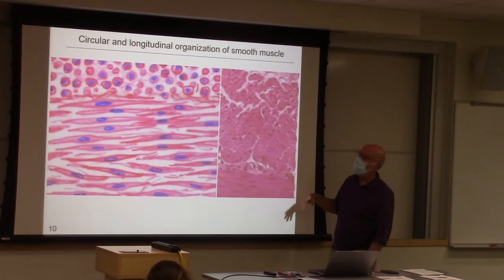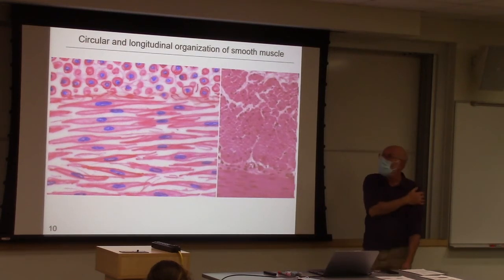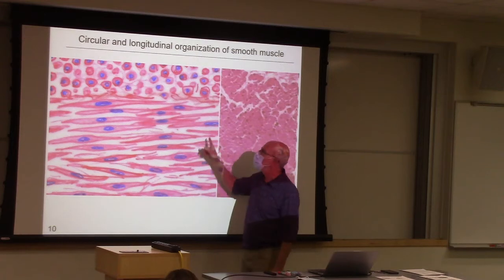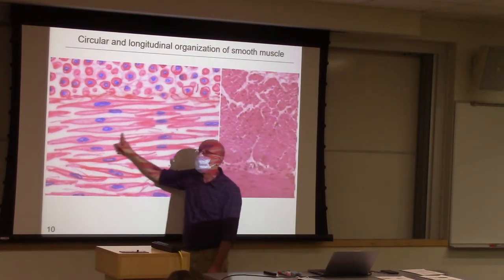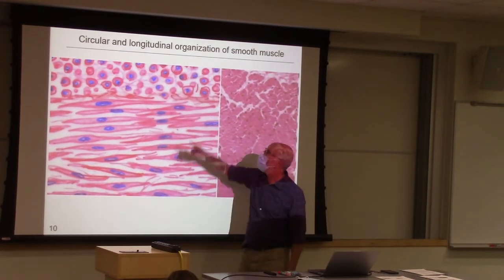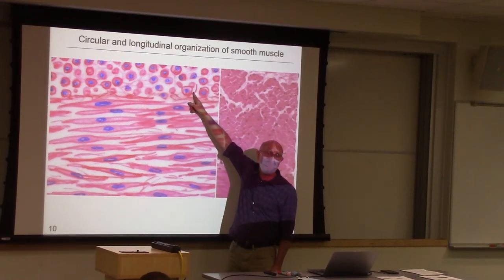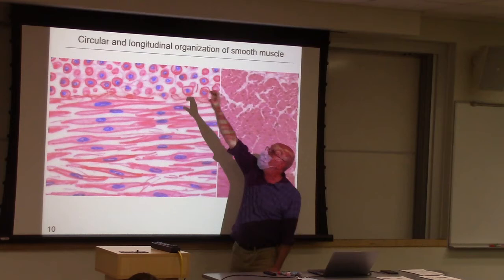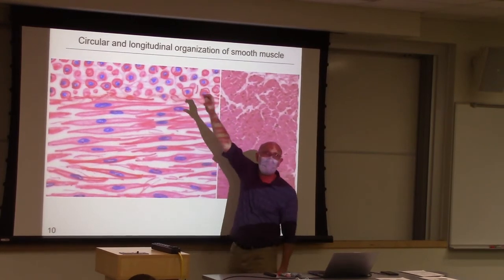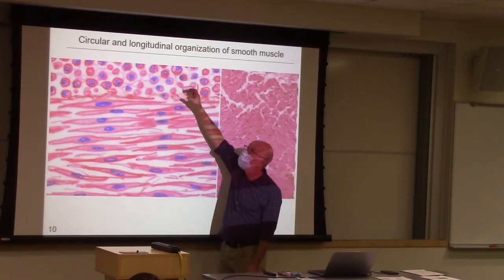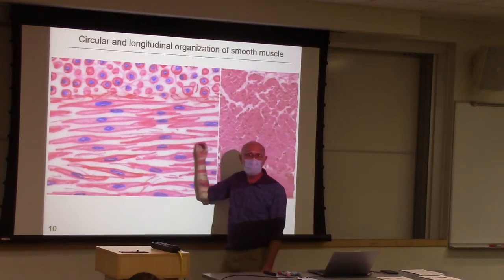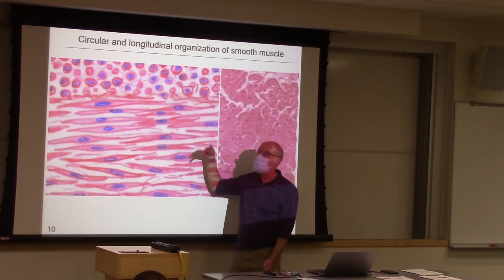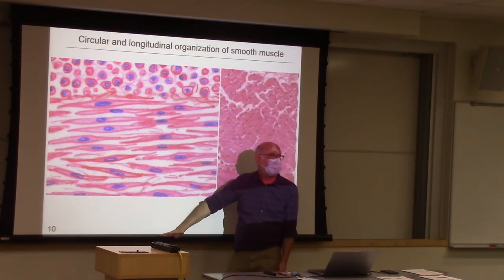Okay, so this is an actual micrograph of smooth muscle. Smooth muscle is typically organized with longitudinal fibers and circular fibers. So these are smooth muscle cells caught in cross section. If this smooth muscle cell is coming out like this, and this smooth muscle cell is running like this, and the tube, let's just say the artery that this smooth muscle is lining, is down here.